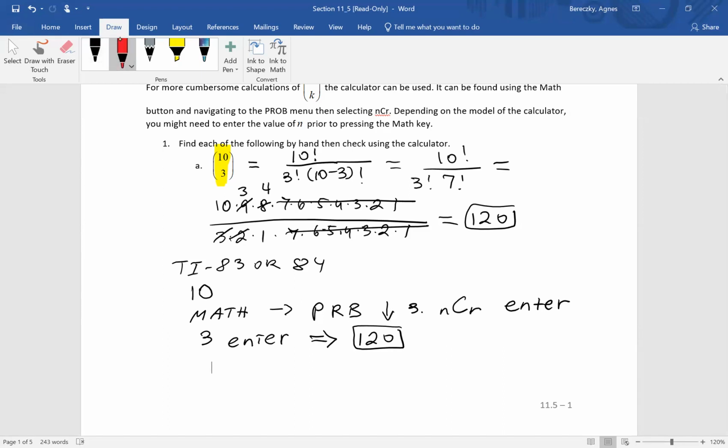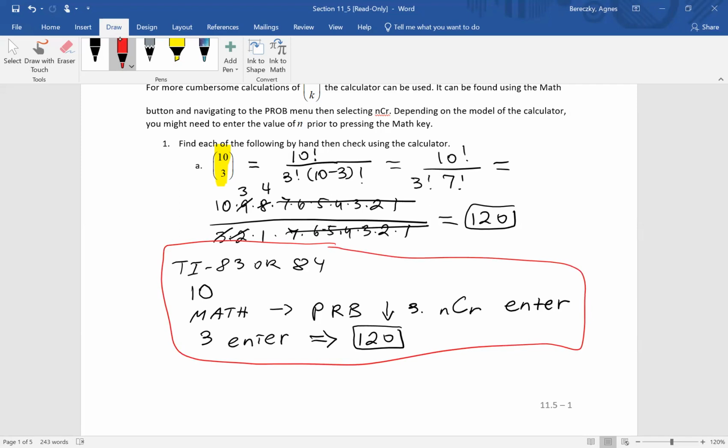So I will highlight how to find this on the calculator. We will use the calculator often, but we will also need to understand how to find this combination by hand.